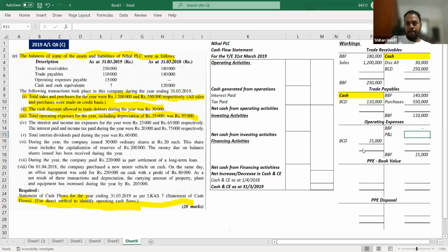Or else, without showing the depreciation here, you can show only the operating expenses without depreciation. Then it will be 95 minus 35, 60,000. Anyway, the cash balance will come as the same amount.